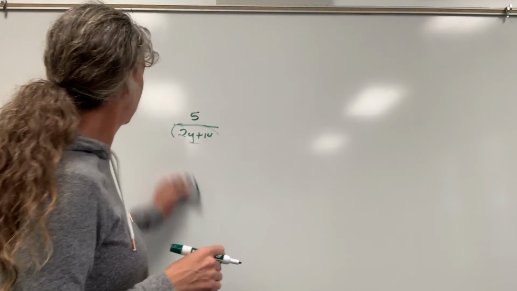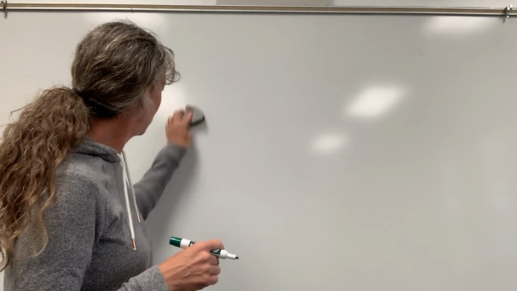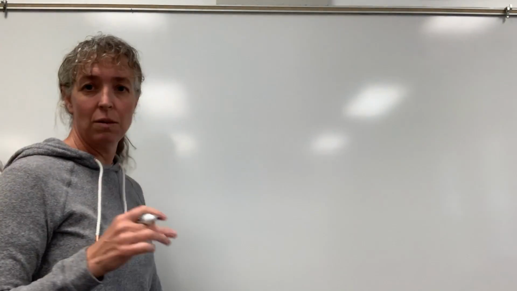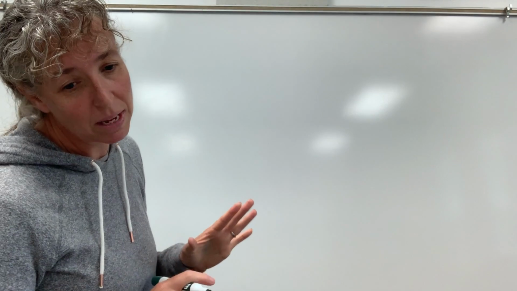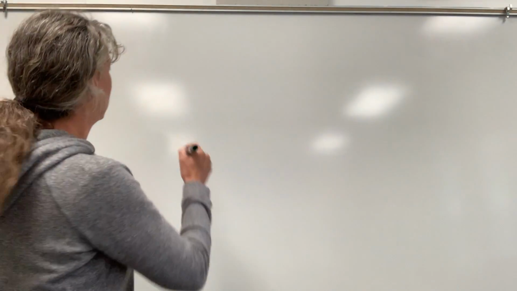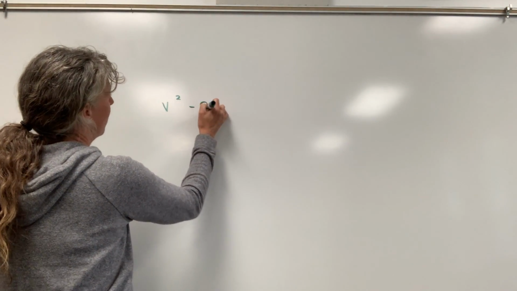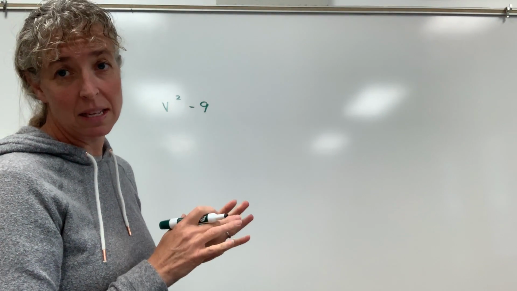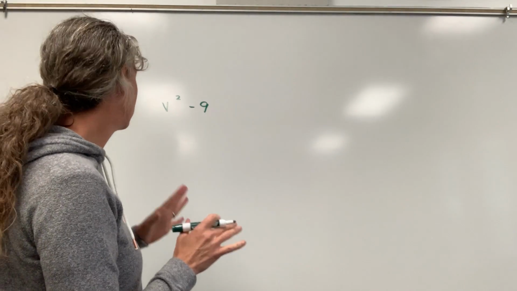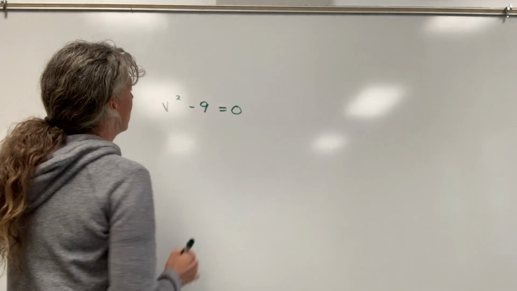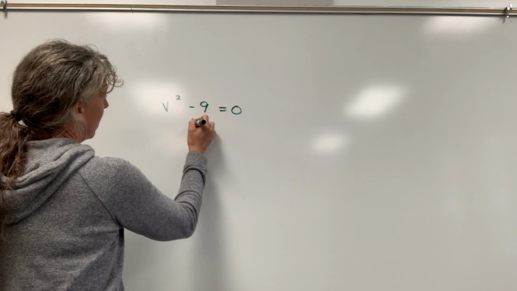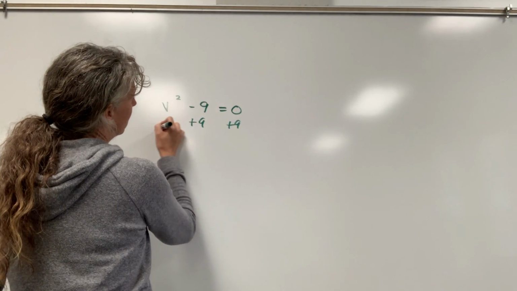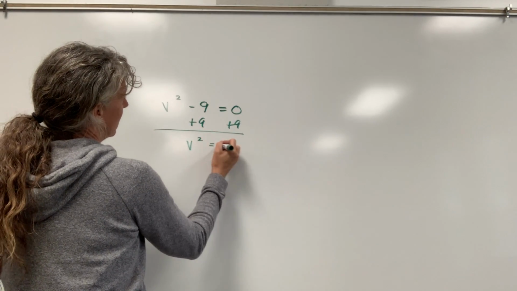Okay, let's try c. When we do excluded values, we just deal with the bottom of our fraction, so I'm only going to write that this time. v squared minus 9 is the bottom of our fraction, and I need to know what I can plug in there to have it equal 0. Some of you will want to add 9 here. v squared is going to equal 9.